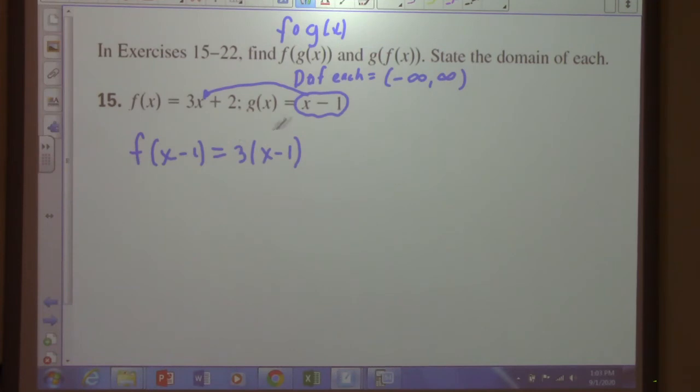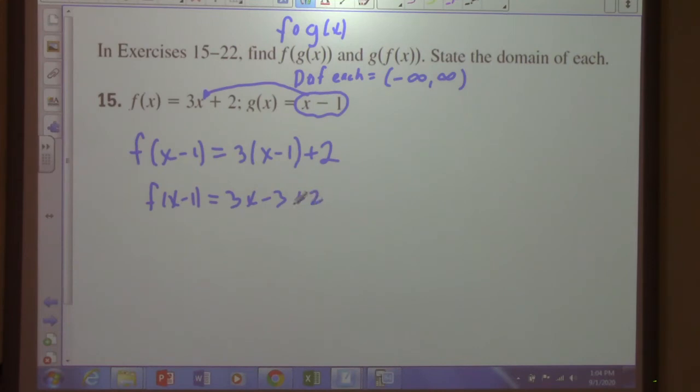Now, once we do that, pardon me? Yeah, Kaylee just said it. She just said what I was about to say. Thank you. She's very observant. Good job. What happens when you do this, it's easy to forget that plus 2, because you're just replacing that x. And now, f of x minus 1 is equal to 3x minus 3 plus 2.